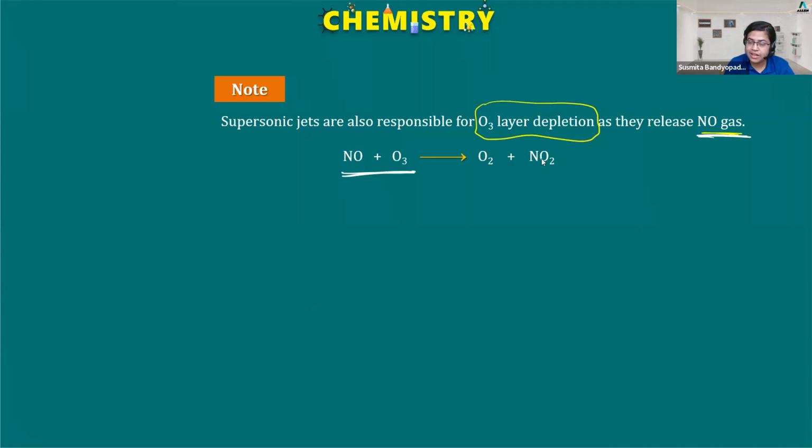The harmful UV radiations which were blocked by this ozone now come directly onto the Earth's surface. Skin cancer, blindness in animals and living beings, all these are the side effects of ozone layer depletion. So till ozone we discussed today, and the remaining we will discuss in the next class.